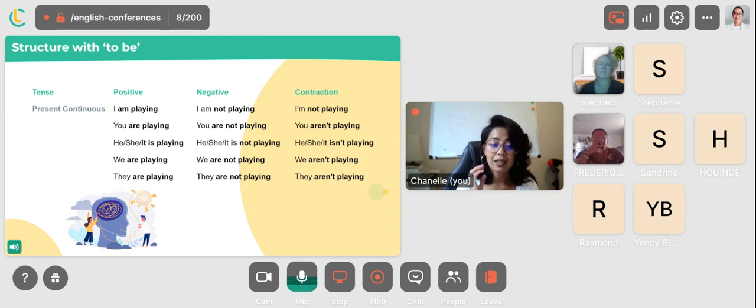We are playing, we are not playing, we aren't playing. They are playing, they are not playing, they aren't playing. It's good to know that you can use the negative in full, they are not playing, and you can use the contraction. So, tous les deux sont corrects.